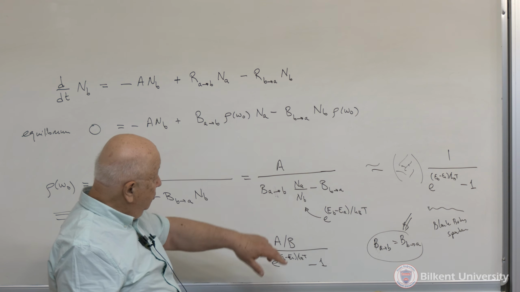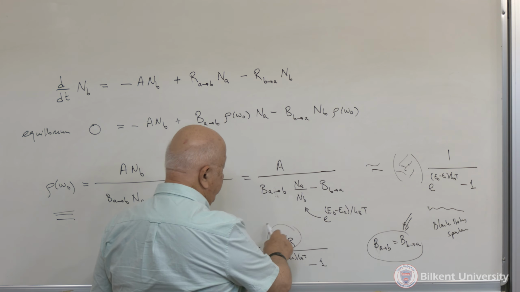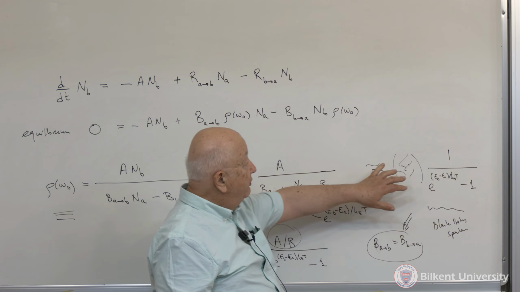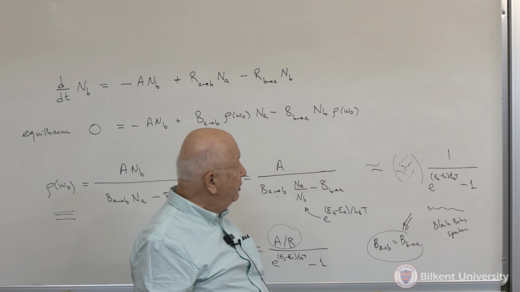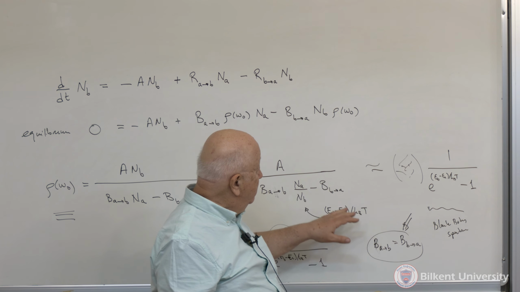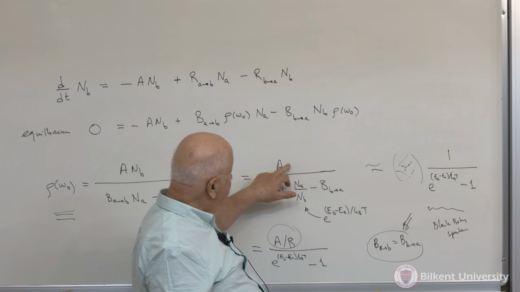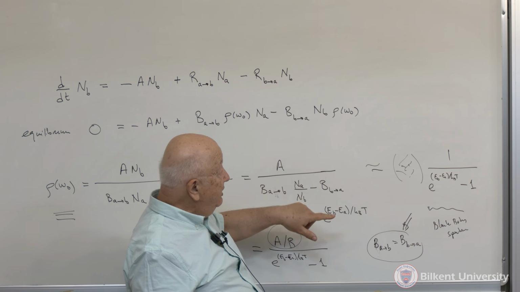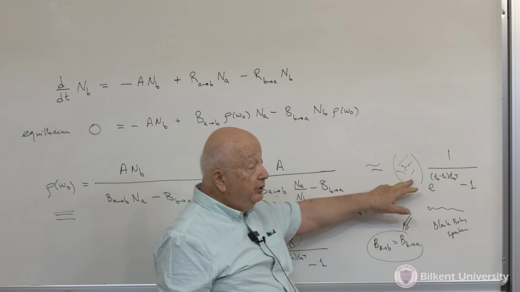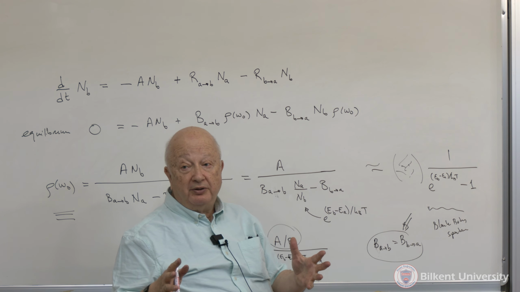Then you try to associate what this factor is with this piece, which is in itself an interesting story, somewhat historical. What's important is you can now associate what this A is, the spontaneous emission rate, to the properties of the heat bath.